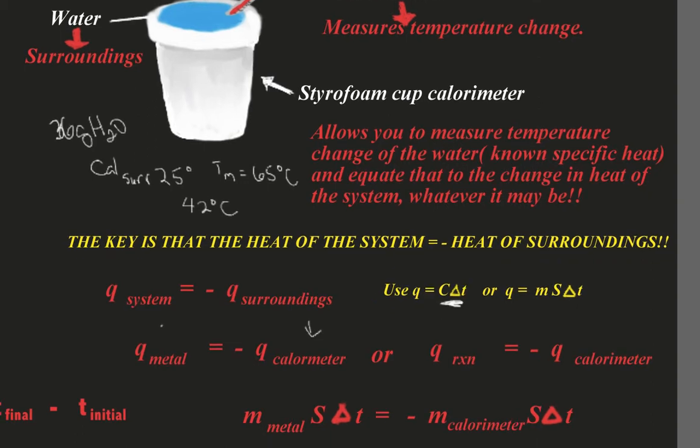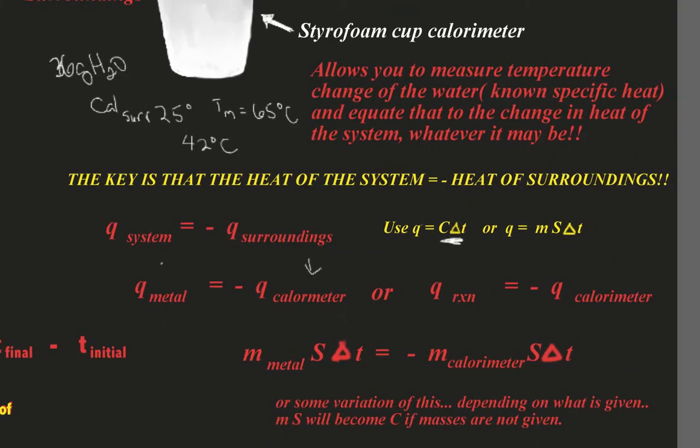The left side of this equation for that example would just be C delta T, because I didn't give you the mass of the metal. This m is not given. Remember, C equals m s. And then you know the mass of the calorimeter I gave you was 36. The specific heat was 4.18.